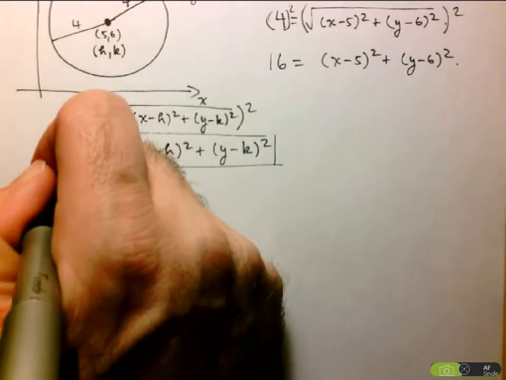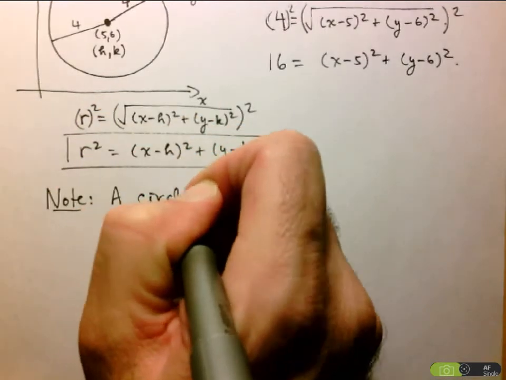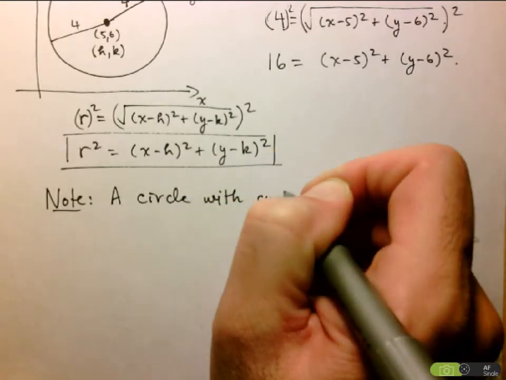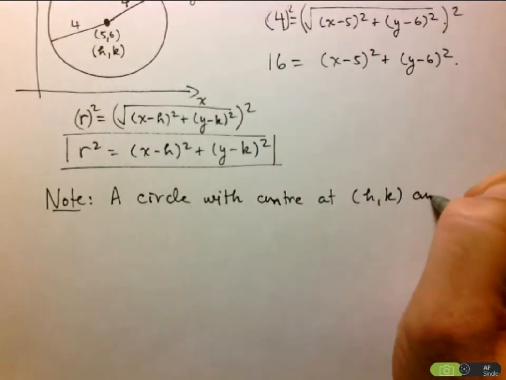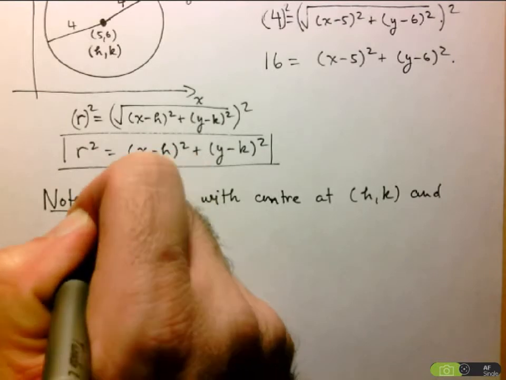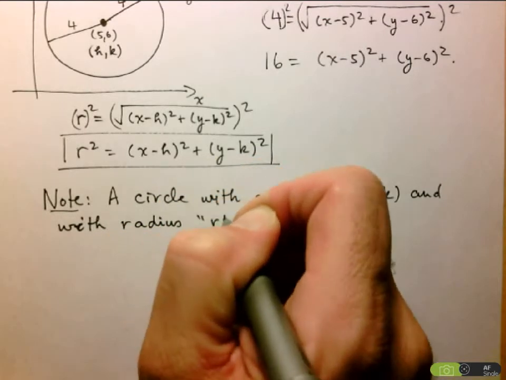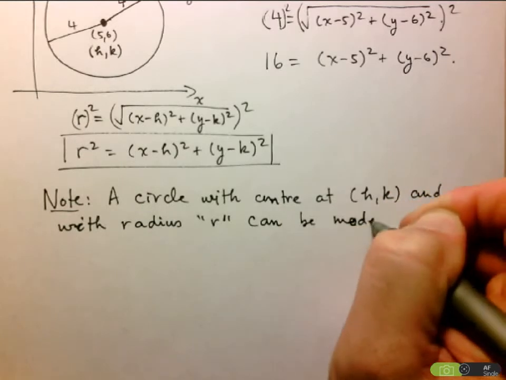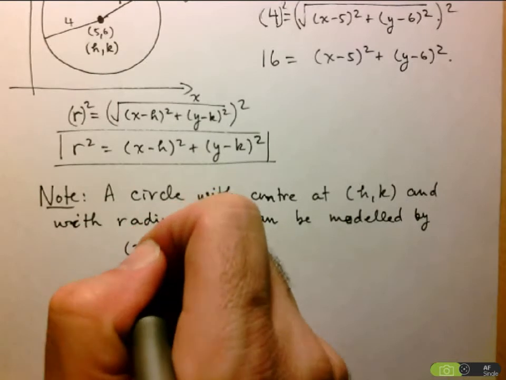Okay, so let's write that down as a note. A circle with center at the point hk and with radius r can be modeled by the following equation: x minus h squared.